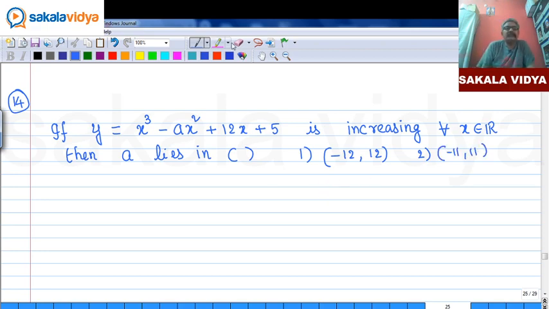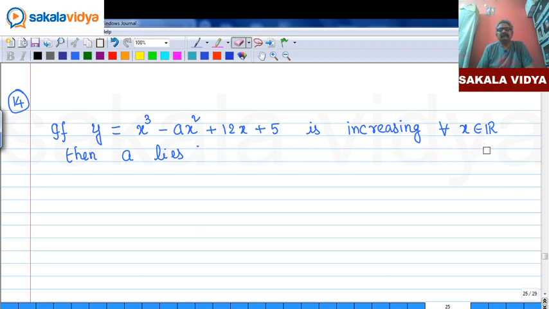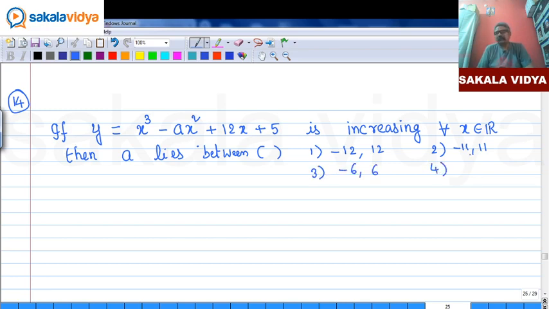Sorry, the question was given wrong. A lies between, only the range is asked. A lies between: first option minus 12 to 12, second option minus 11 comma 11, third option minus 6 comma 6, fourth option minus 10 comma 10.